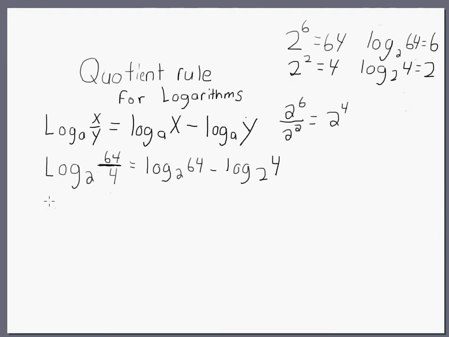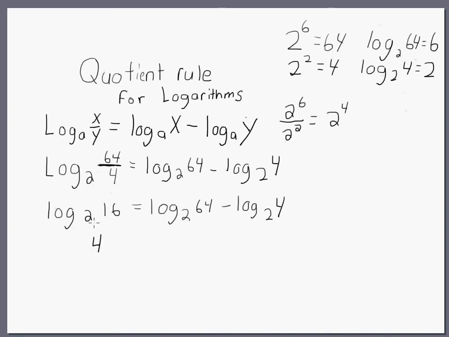So let's go ahead and do this. We're going to say log base 2 of 64 divided by 4, which is 16, is equal to log base 2 of 64 minus log base 2 of 4. And again, I'm just going to show you that this works. 2 to the what power is 16? That would be 2 to the 4th.